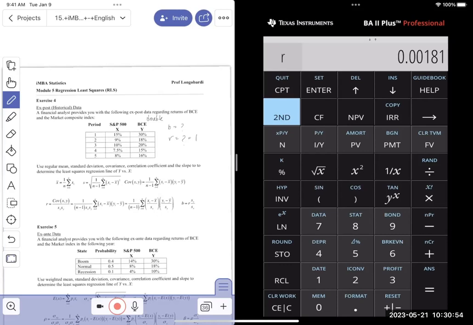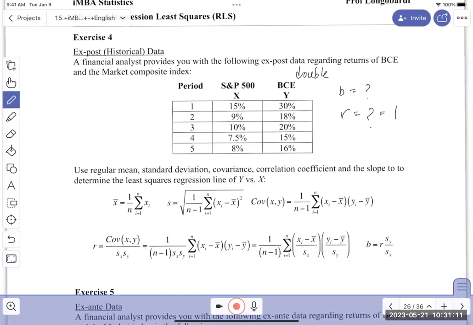So I just taught you how to use the calculator to get all the statistics on that page, very quickly. Just like the correlation is the covariance standardized, the covariance is the correlation times SY times SX.